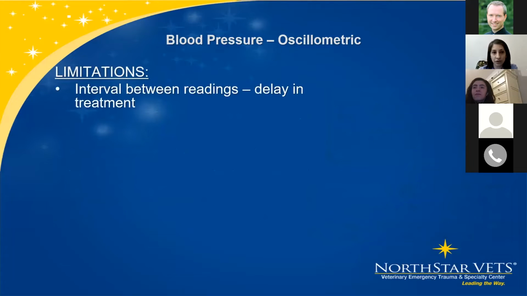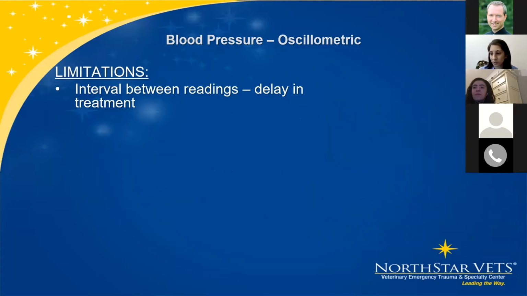One of the sources of issues with oscillometric monitors tends to be the setting of the interval between the readings. If they're set too far apart, there can be a significant delay in being able to detect a problem and then treat it and intervene for that animal.